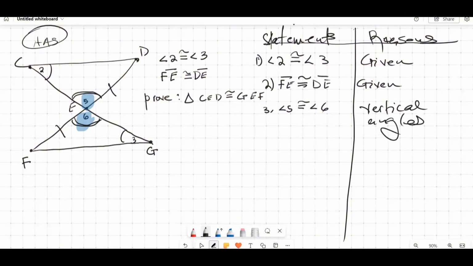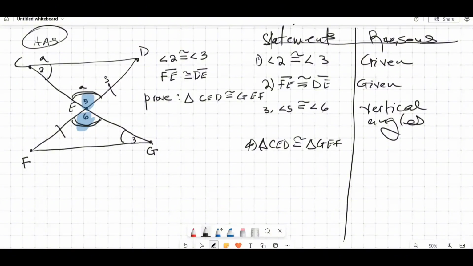So vertical angles we're able to use right there. So now that I have, I'm looking at angle, angle, side. So the moment I could identify those, I'm ready to say that, listen, this triangle here, CED, is congruent to the triangle GEF.